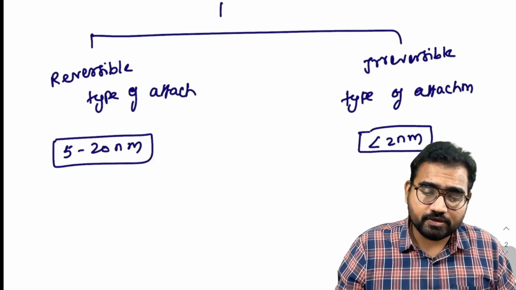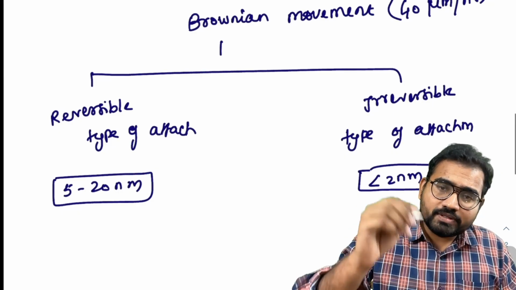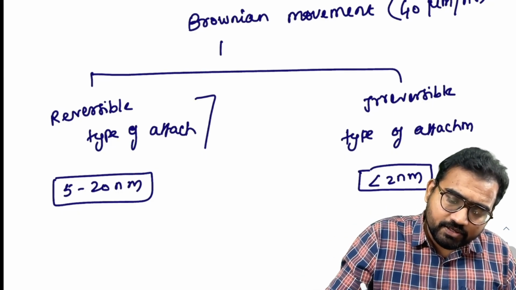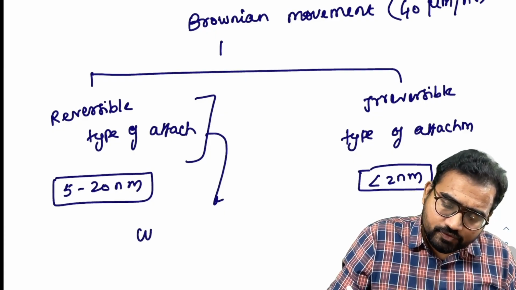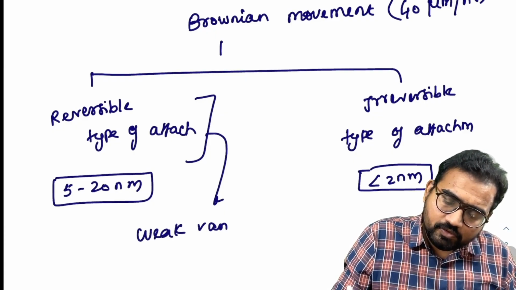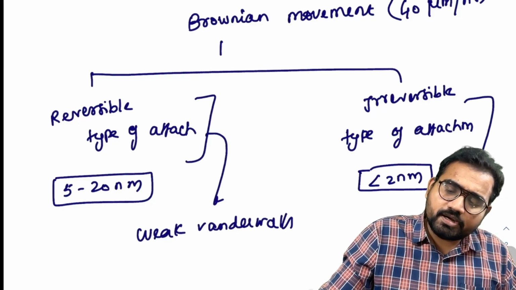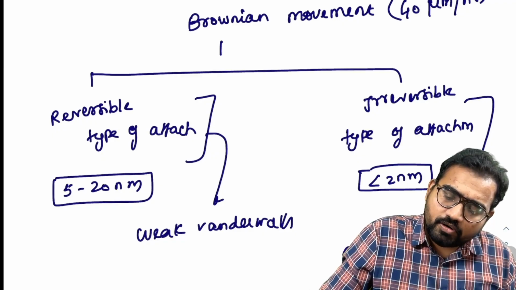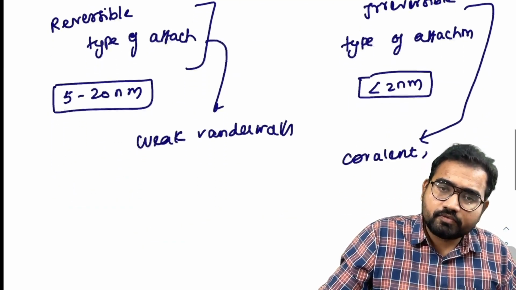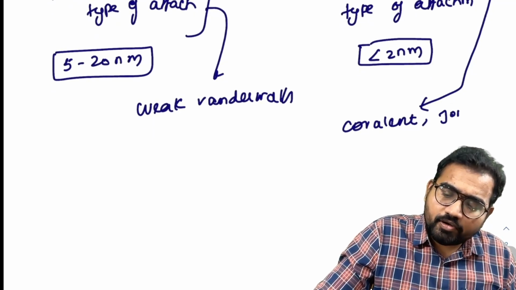The reversible attachment is by weak van der Waals forces, whereas the irreversible attachment is by covalent or ionic bonds.